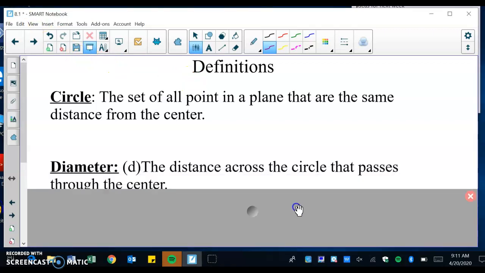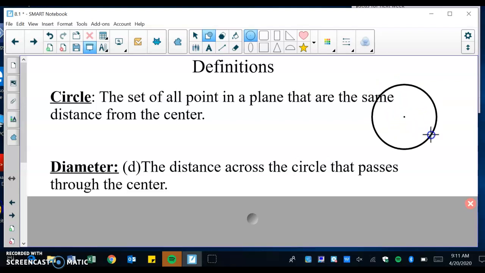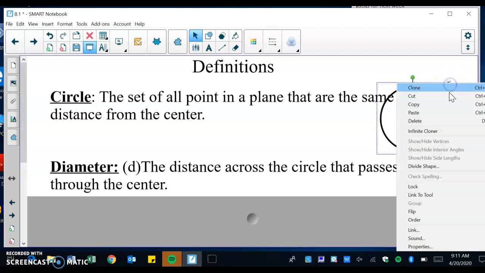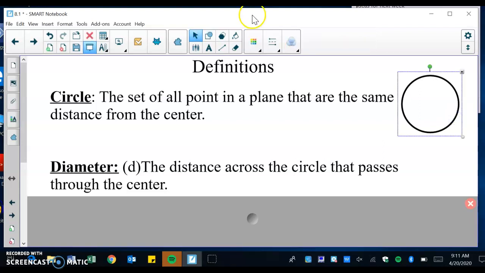And then your next definition: the diameter is the distance across the circle that passes through the center. Let's draw another circle so we don't have to go back. Notice as I draw my circle, the points are all an equal distance to the center point.